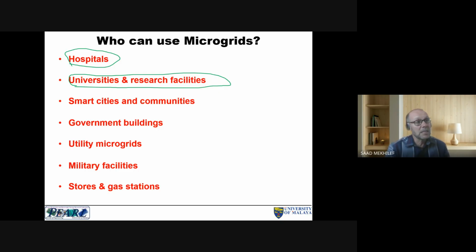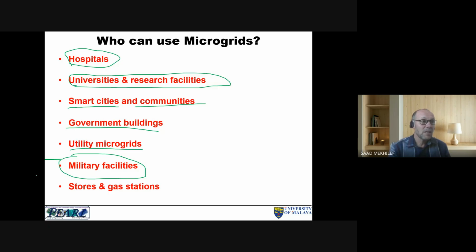Smart cities and communities, most of them prefer to have microgrids to be more reliable and more independent. Government buildings and offices, it's also a trend to have this kind of microgrid. Sometimes you may have a utility microgrid. Also the military facilities, this is very common.